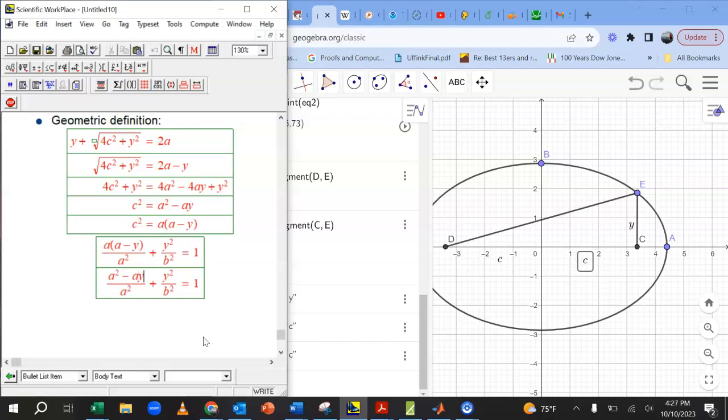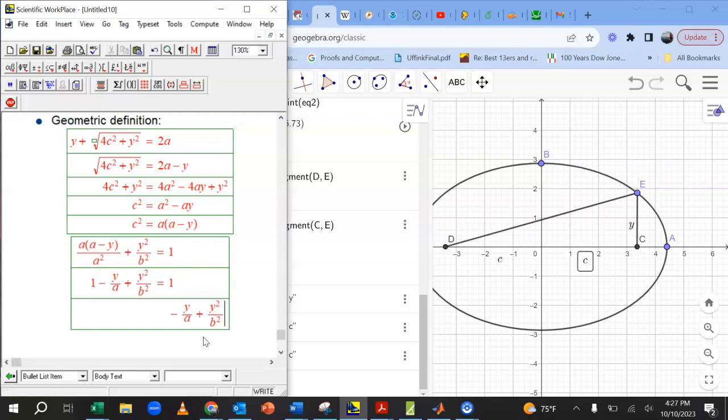Okay, and then I'm actually going to separate that numerator. That's a squared over a squared minus ay over a squared. Let me just cancel a little bit in place here. Hey, this is getting pretty good. A squared over a squared is 1, and that cancels the 1 on the right-hand side. Hey, that's really cool. We're getting very simple here.